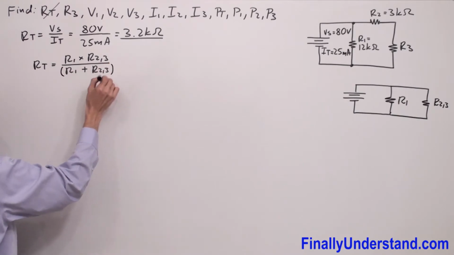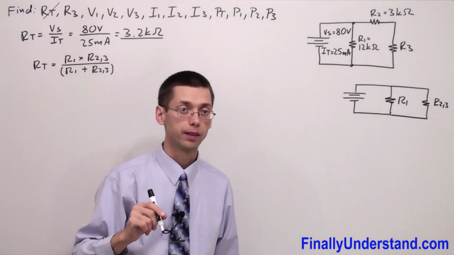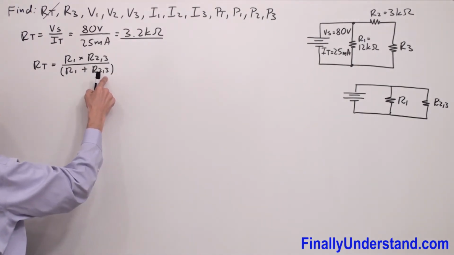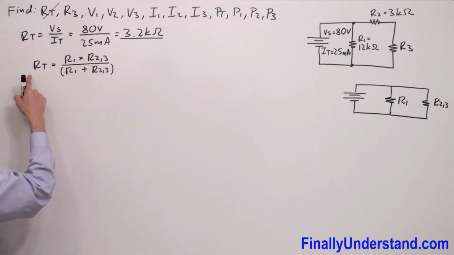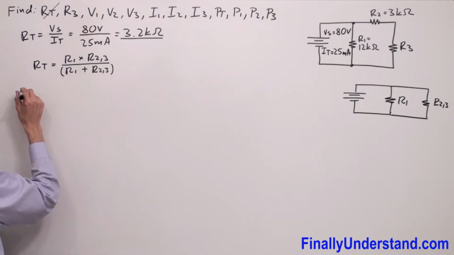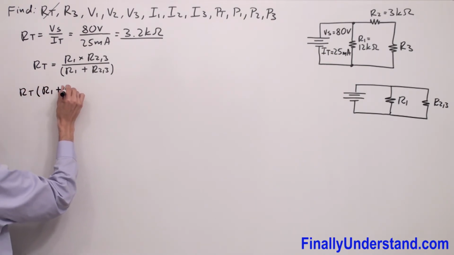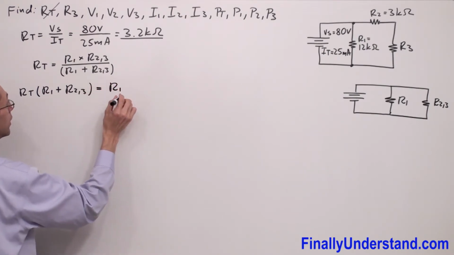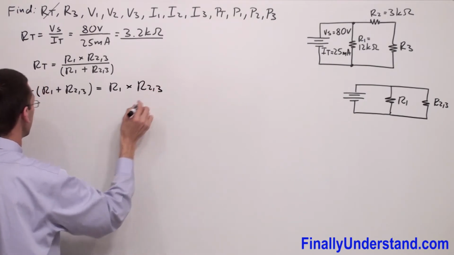Next, what we're supposed to do, we have to solve this formula for resistance R2,3. Okay, in order to do so, I'm going to multiply both sides of the formula by the denominator. So I have R total times (R1 plus R2,3) is equal to R1 times R2,3.